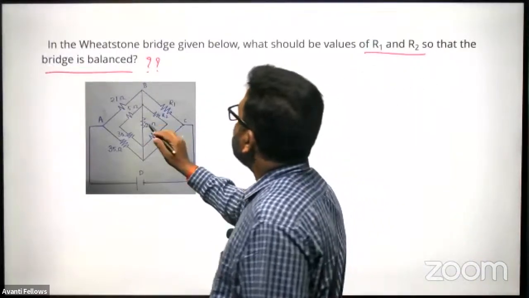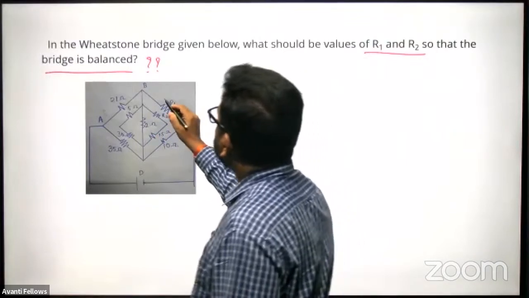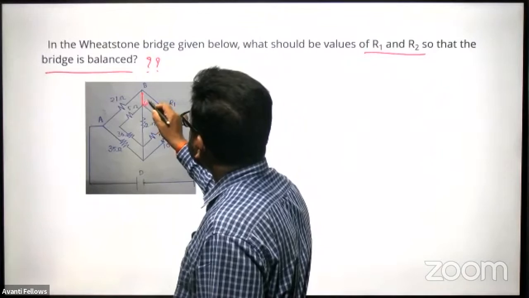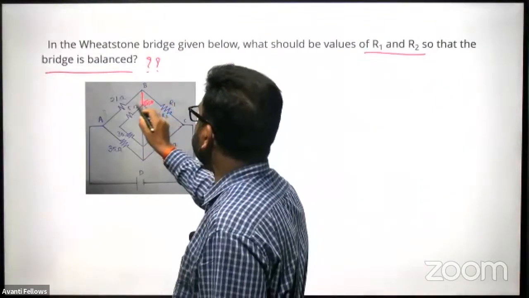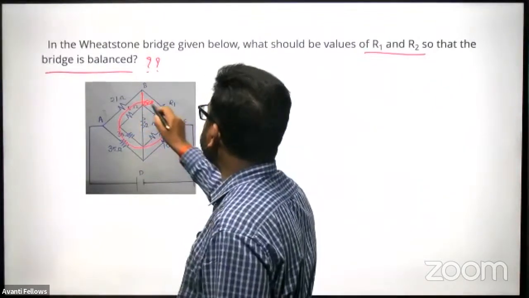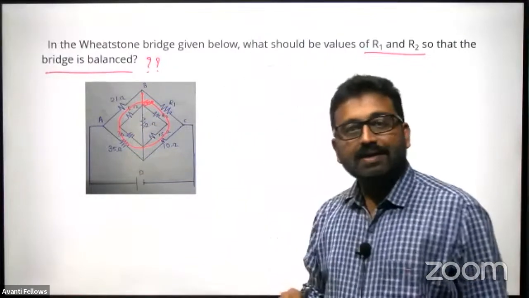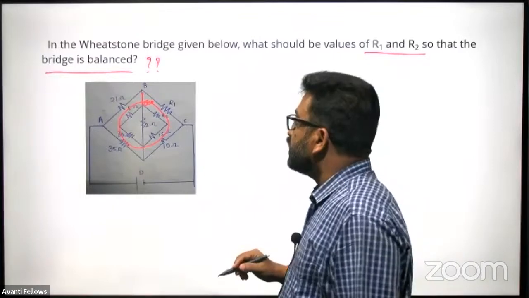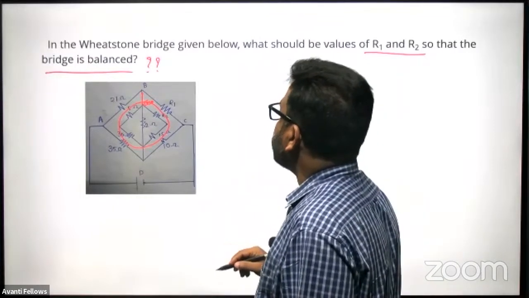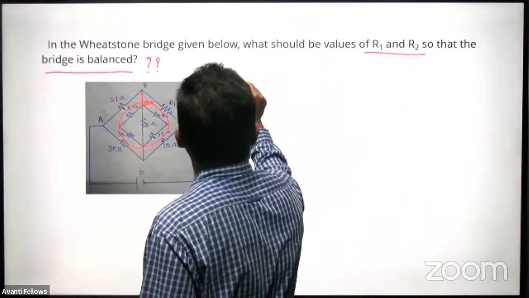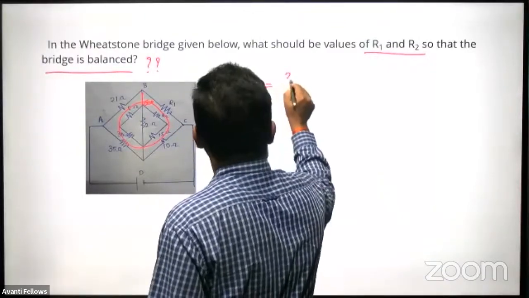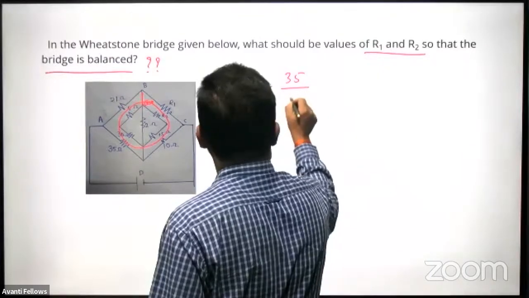So in the balanced condition, there won't be any current through the galvanometer. So here the current is 0. So we can eliminate all these arrangements; we need not take all such arrangements, since there is no current through that. Since there is no current, we can write 21 divided by R1 equals 35 divided by 10.